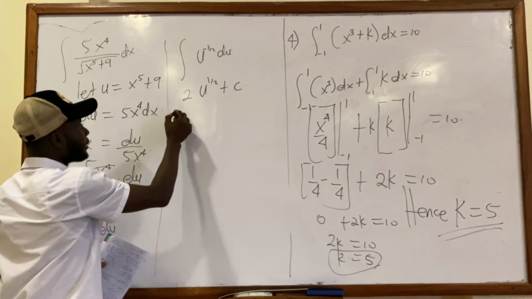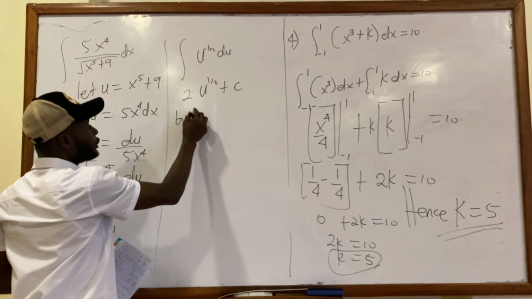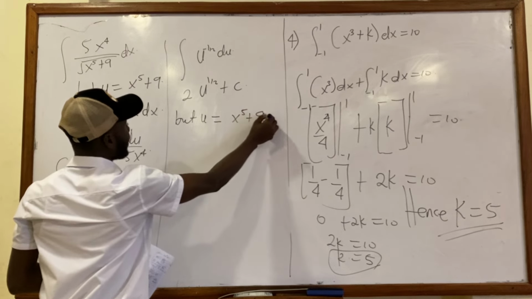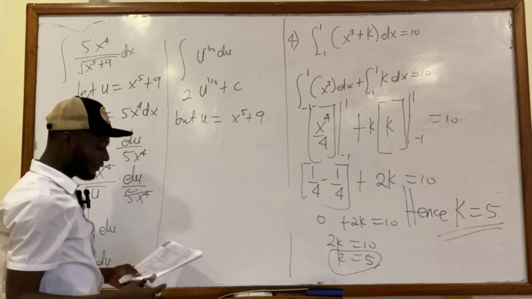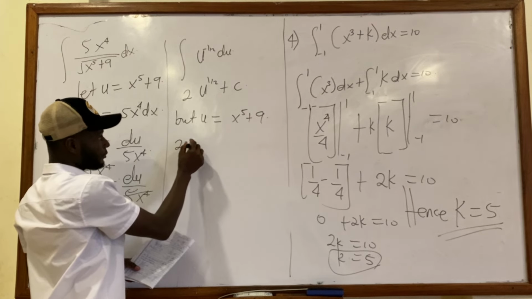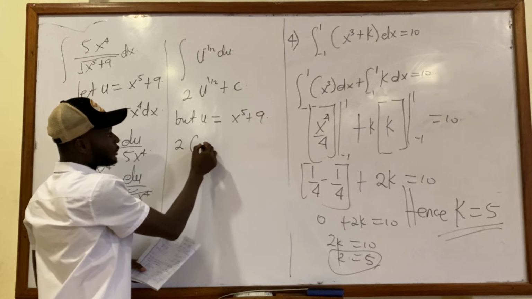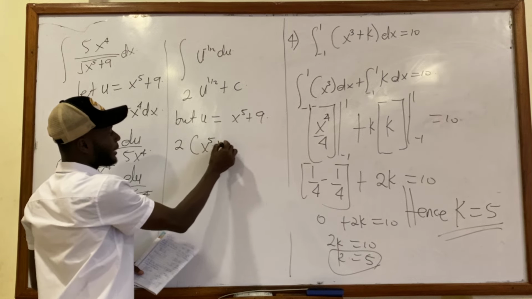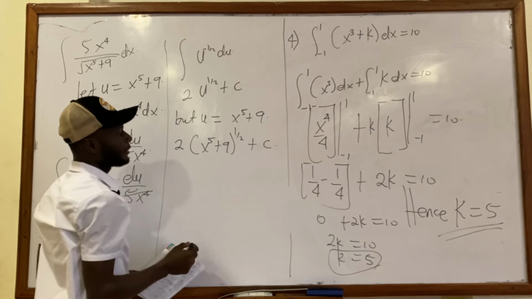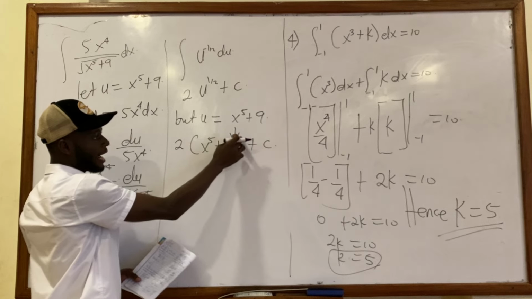All right, but then we said u should be equal to x^5 plus 9. So finally we say 2 into (x^5 plus 9) all power half plus c. We can change this half to root.